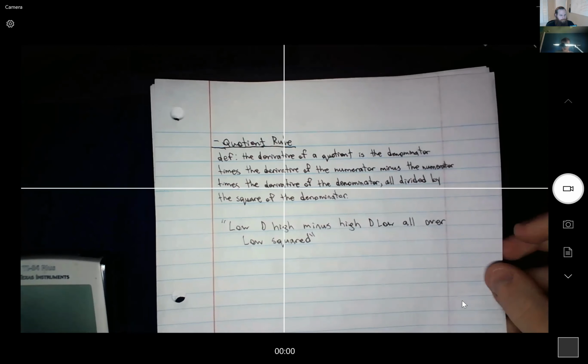So there are two notations again for this. Here's the Leibniz notation.